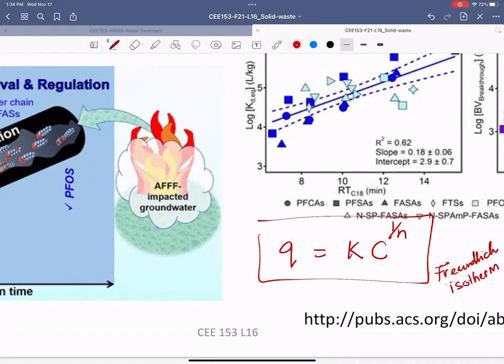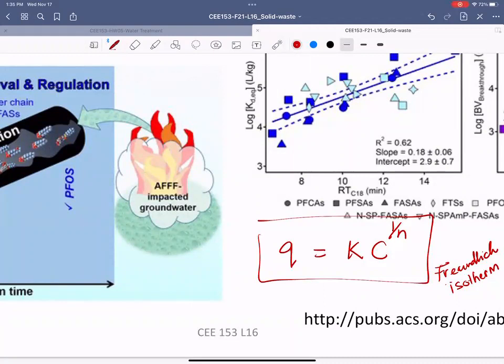They call it the Freundlich isotherm because this whole process is taken at the same temperature. If you do it at a different temperature, the K value, the constant value, will change. So what it means is that you can predict the concentration in water if you know the K value.